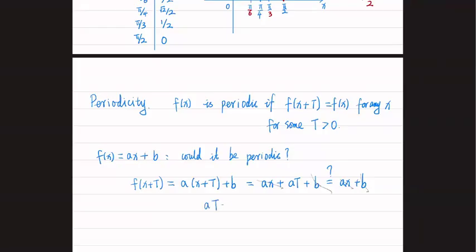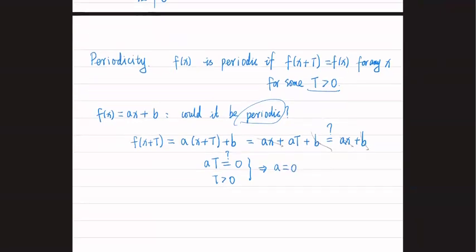When is at equal to 0? Since t is positive, a must be 0.